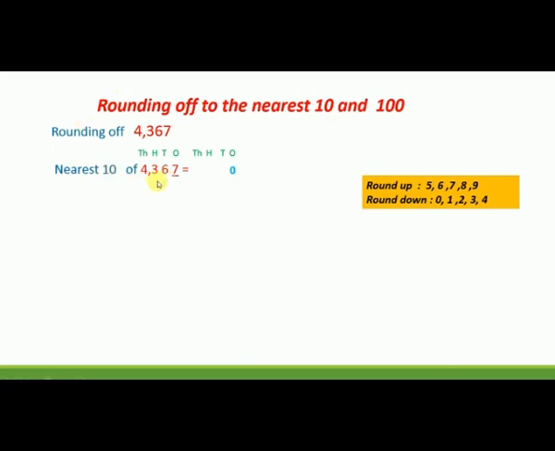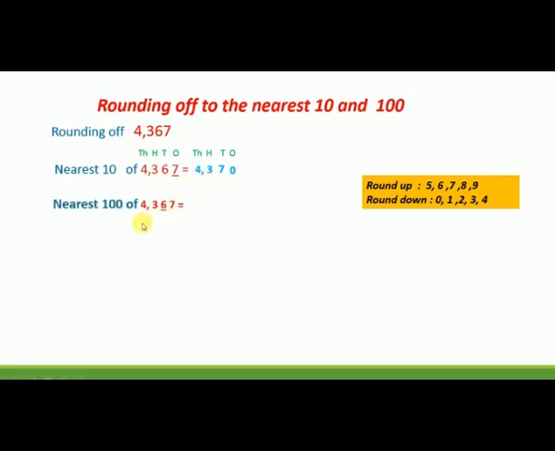So along with the 6 add 1. So 6 plus 1 becomes 7. The hundreds and then thousands remain the same.